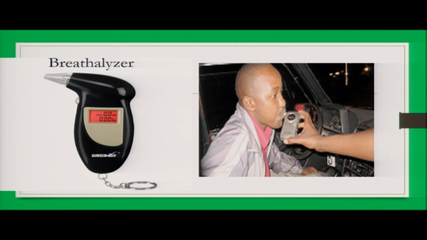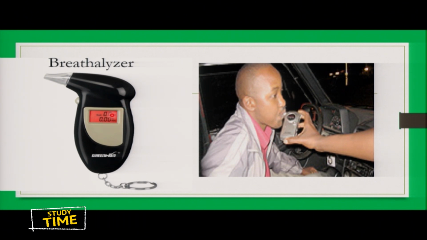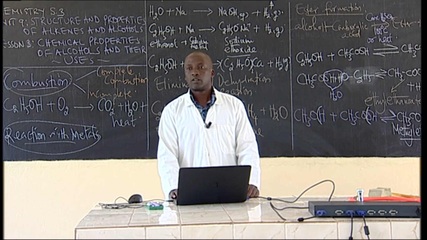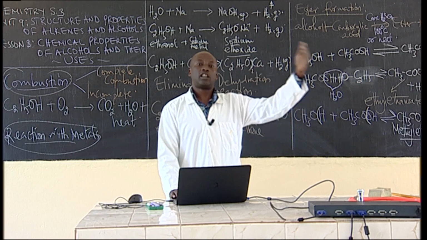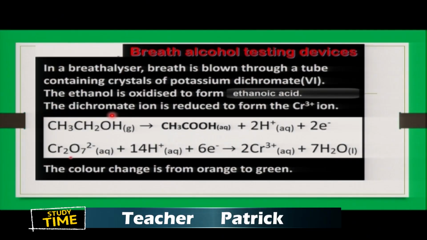And if you have taken some alcohol, the content of the alcohol will be recorded. There are some figures that will be recorded. That means if you have gone beyond the expected limit, you will be taken somewhere until the alcohol is over, and then they will ask you to go home at a later time.